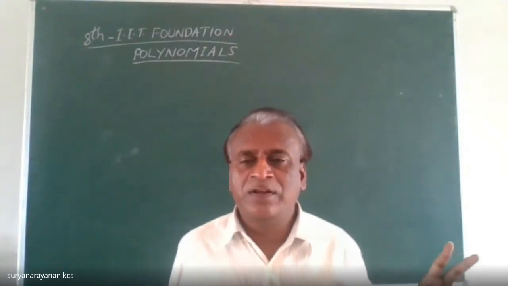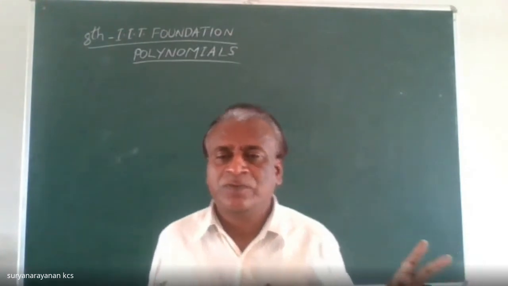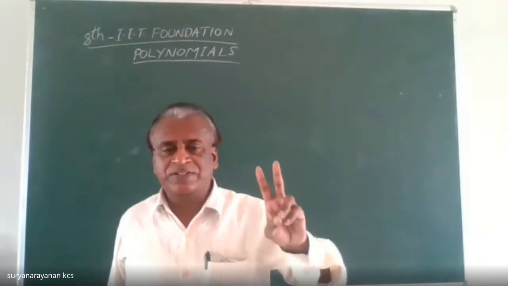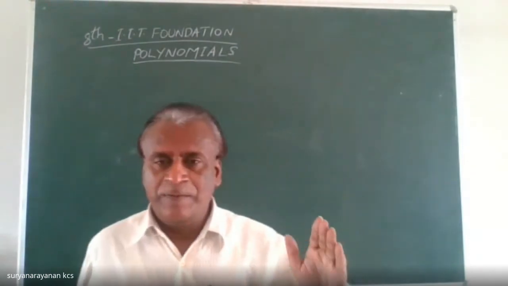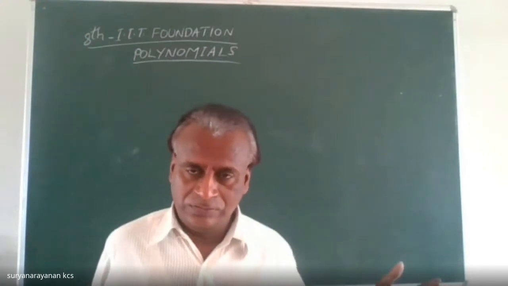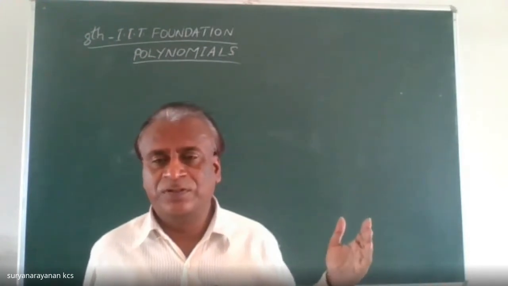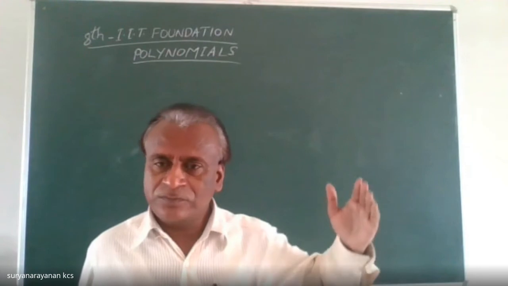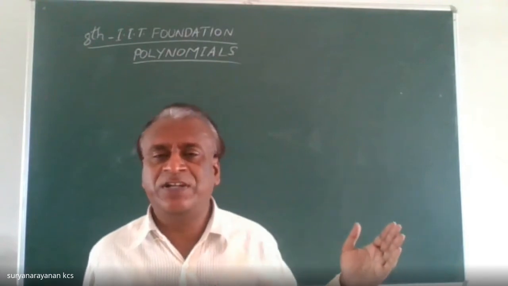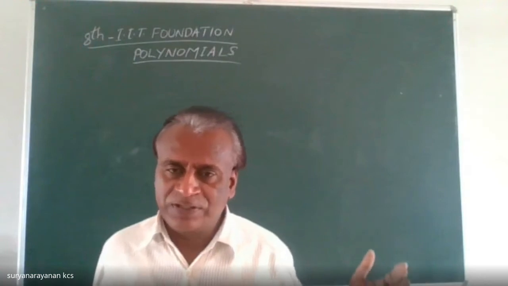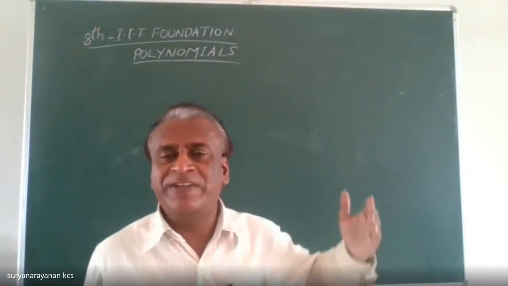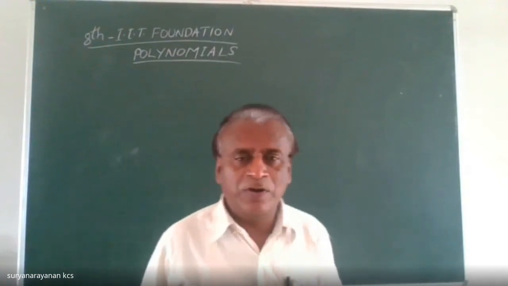How many classifications? Two. First one is the polynomials are classified based on number of terms. And the second classification is kinds of polynomials, different types of polynomials based on degree of a polynomial.